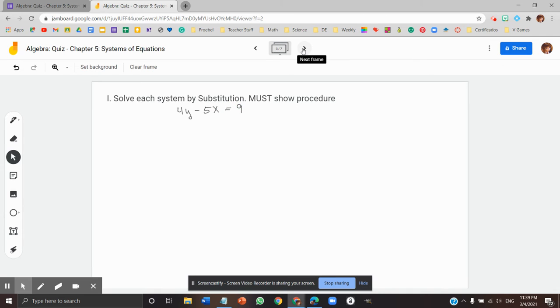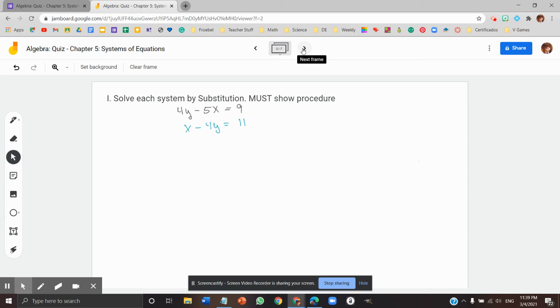And my second equation is x minus 4y equals 11. Now, again, I don't have something that equals something. Like I don't have a variable. For example, I don't know what x is. I don't know what y is.